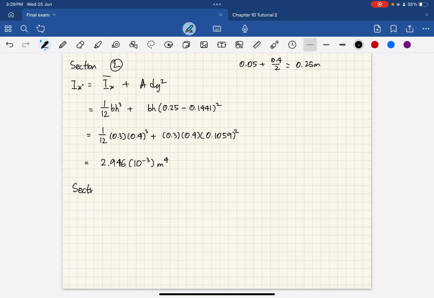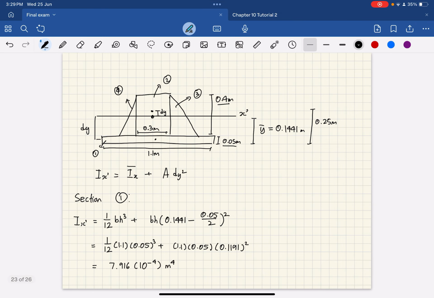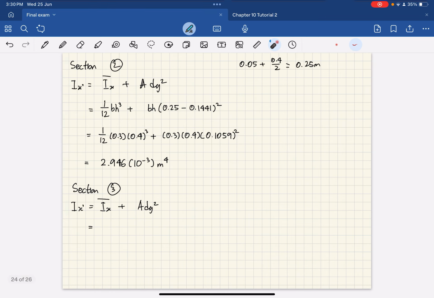Okay, so section 3, the formula is Ix prime equals Ix bar plus A dy squared. So in this case, we have section 3 right here. How do we find the Ix bar?